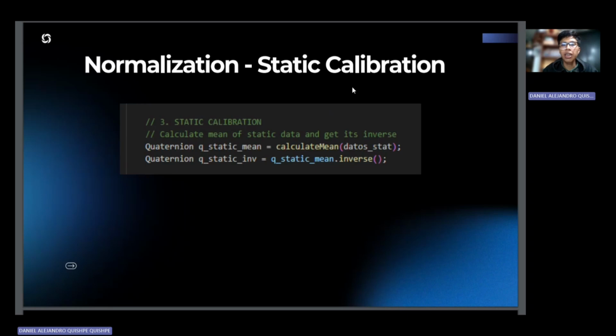Next, normalization in static calibration. Normalization corrects the static bias of the sensor. We compute the average quaternion from static calibration data and its inverse. Then, each quaternion is multiplied by this inverse to obtain a calibrated quaternion and remove mounting errors.